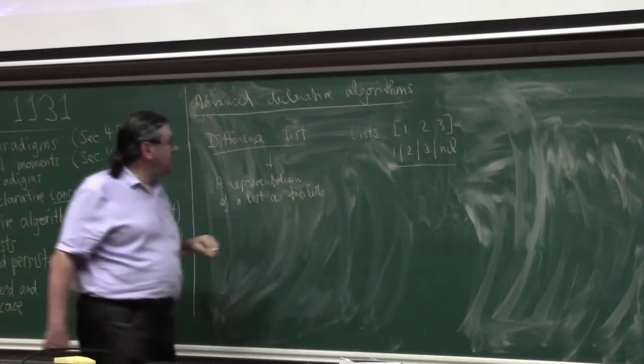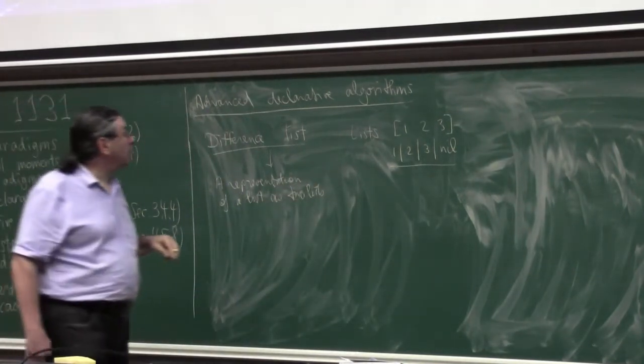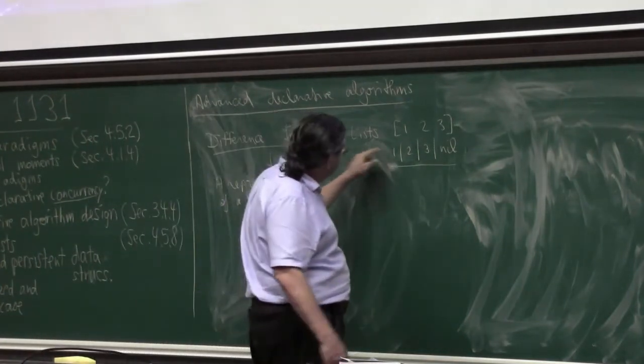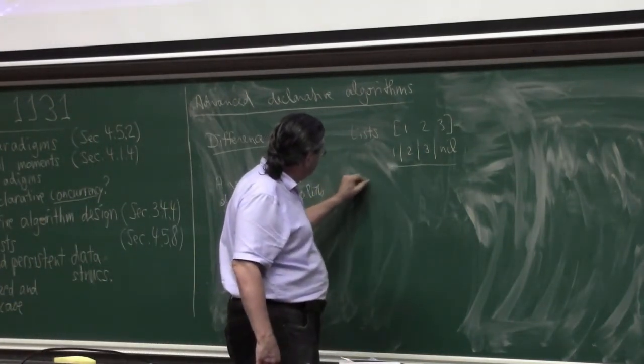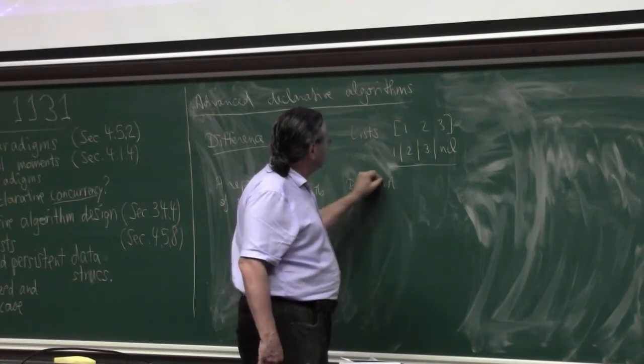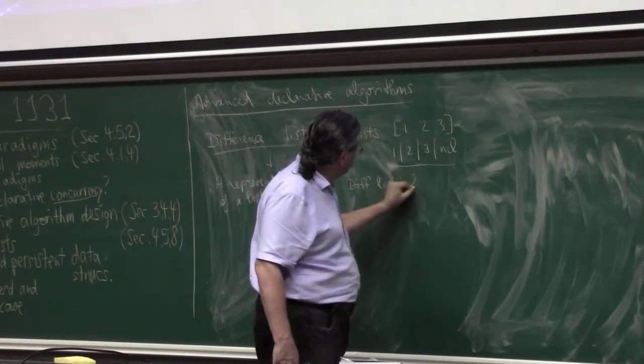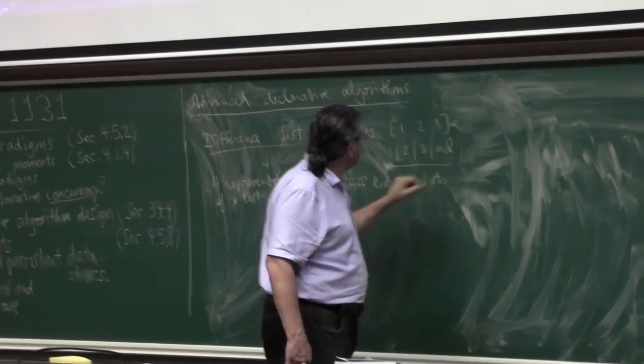So it's basically the difference of two lists. This list 1, 2, 3, nil, we can represent as a difference list, as the difference of two lists.